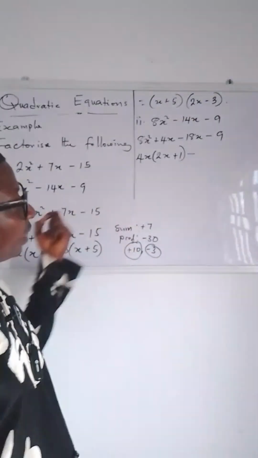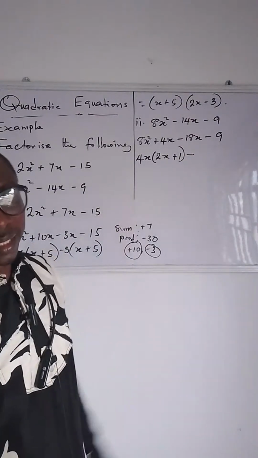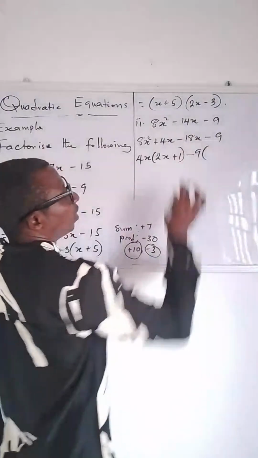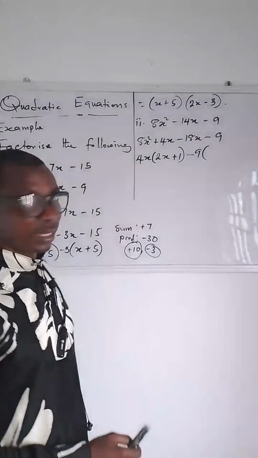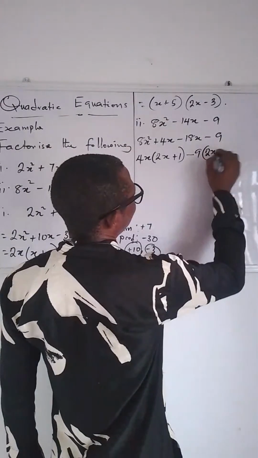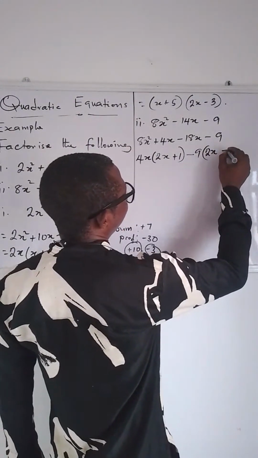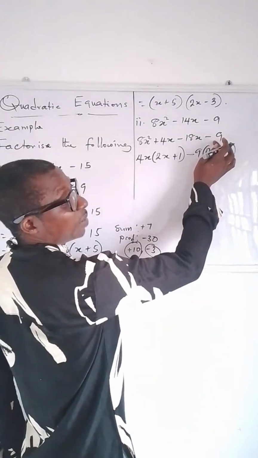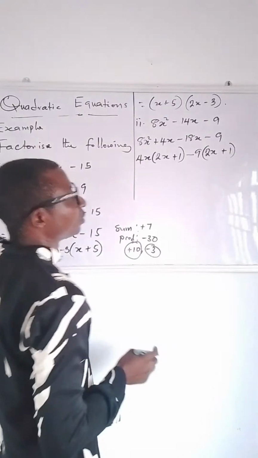So I factor out negative. So that is going to be negative 9. Negative 9. So if I divide minus 18x by minus 9, that gives you what? 2x. So plus 1. Okay. So when you divide minus 9 by minus 9, you have plus 1.